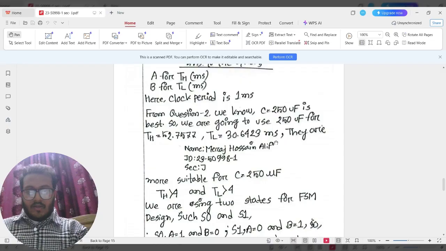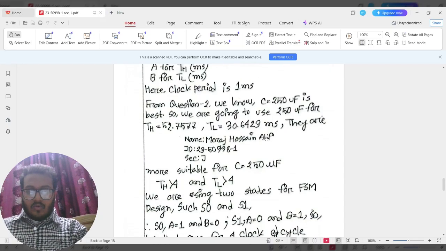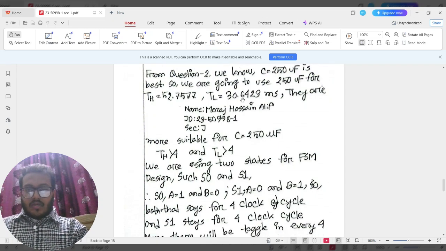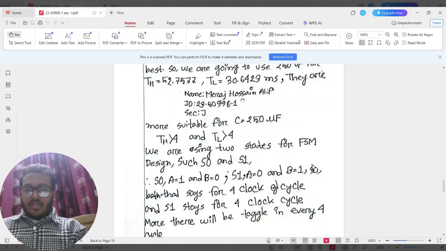In the second question, we calculated the values of TH and TL using the 250 microfarad capacitor. The high time TH is greater than 4 and low is greater than 4.